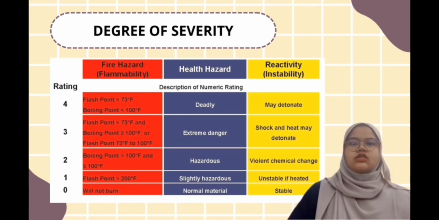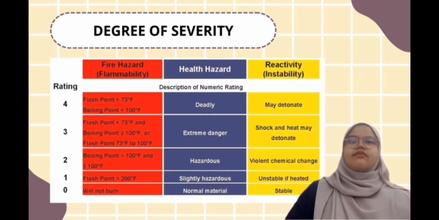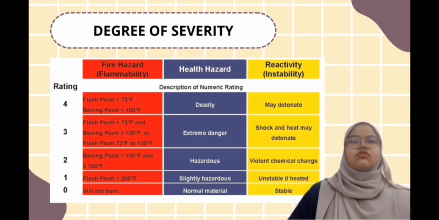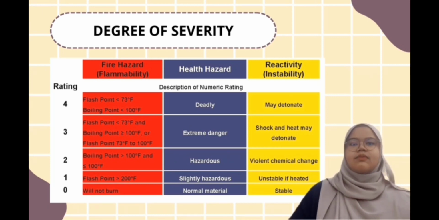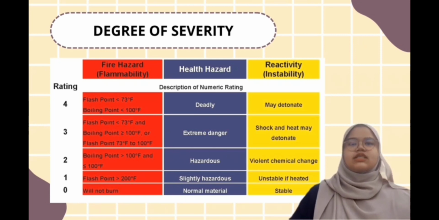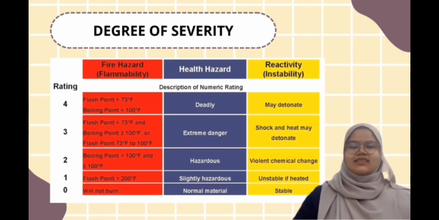For the yellow box, which is reactivity, level 0 is for materials that are stable even under exposure to fire, while level 4 is for materials that are easily capable of explosive decomposition at normal pressure and temperature.